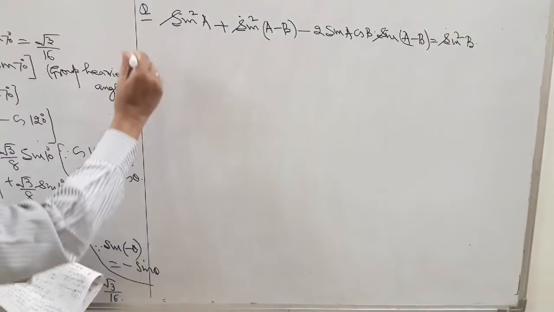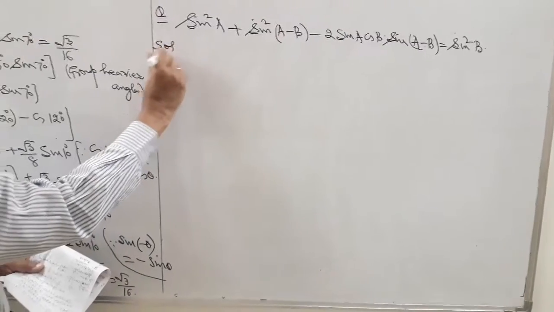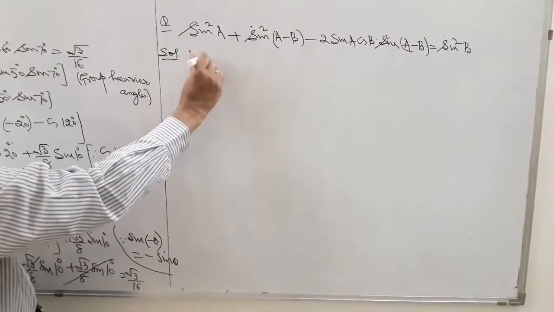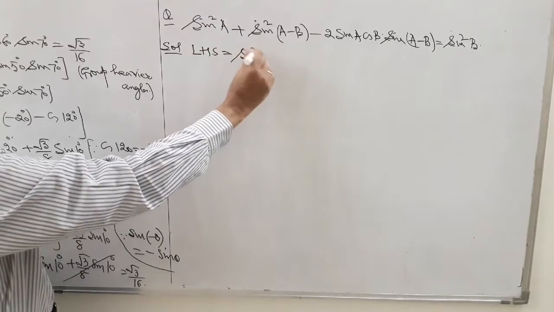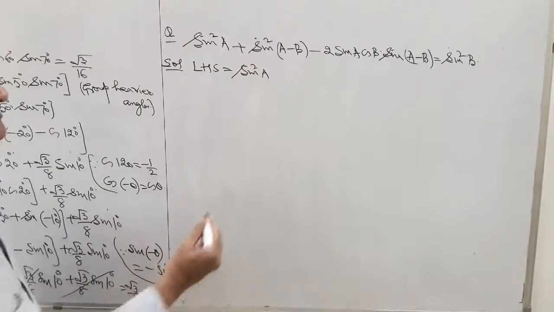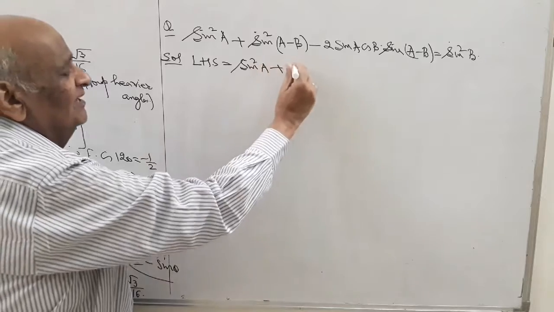Therefore, the solution for this: left hand side, it is sine square A plus sine square A minus B.